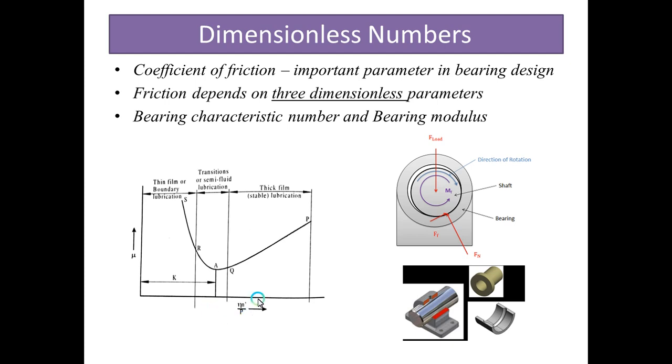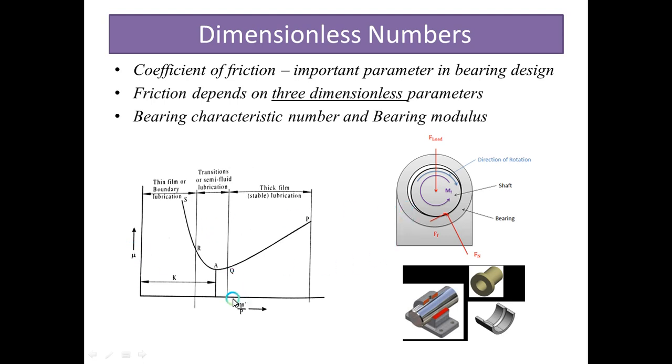That's why it has no unit, since it is just a number. By knowing the viscosity, speed and pressure, you can calculate the friction in the journal bearing.